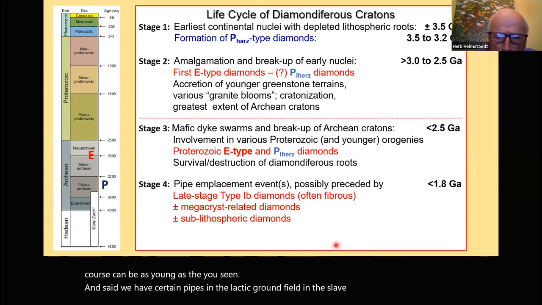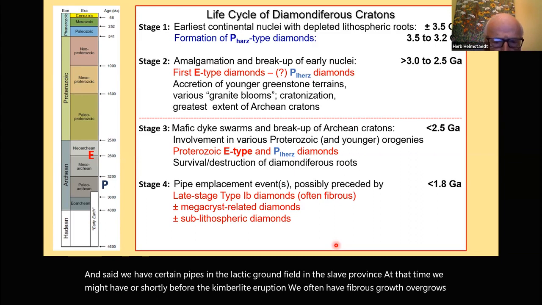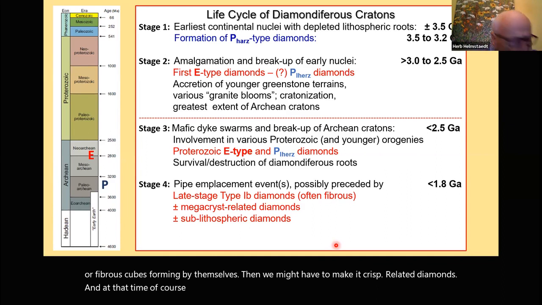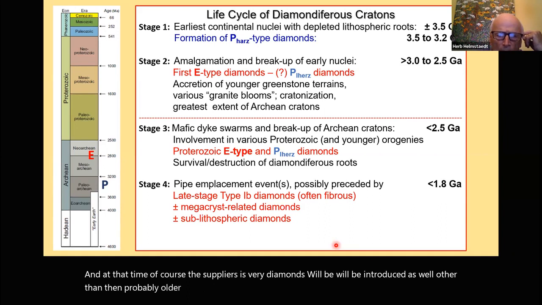At that time, or shortly before the kimberlite eruption, we often have fibrous overgrowth, or fibrous cubes forming by themselves. Then we might have megacryst-related diamonds. And at that time, of course, the sublithospheric diamonds will be introduced as well, although they are then probably older and they come from deeper.